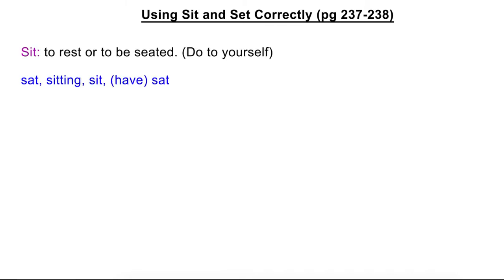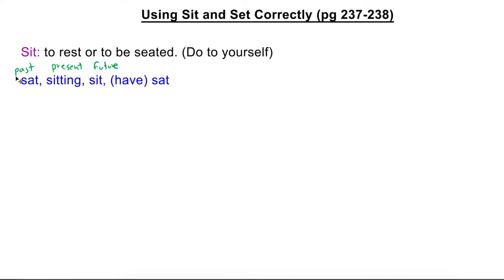Sit versus set. So let's look at sit first. What does sit mean? To sit down, as you guys know, or to sit is to rest or to be seated. Something you do to yourself. The past tense is sat, present tense is sitting, and future is sit. If you want to say you have experience sitting down, you might say have sat.